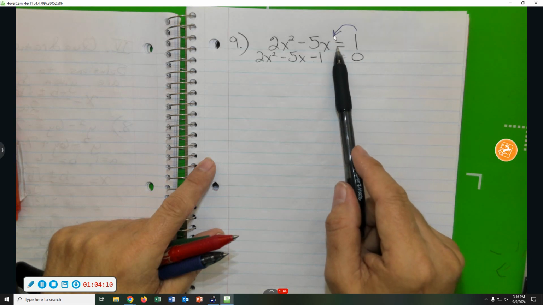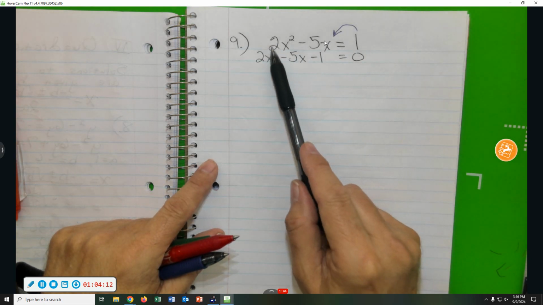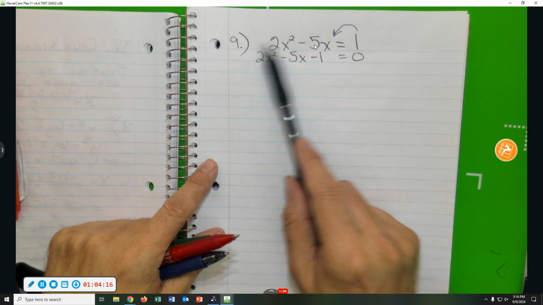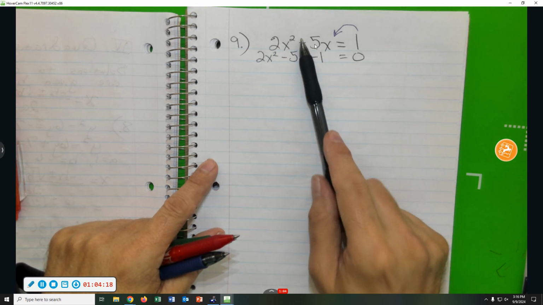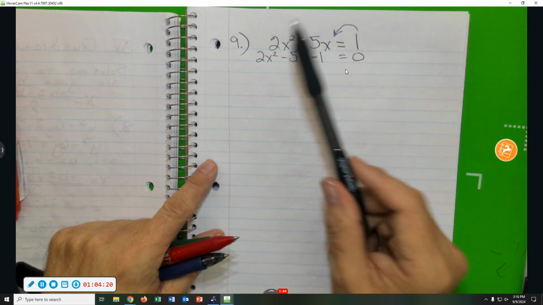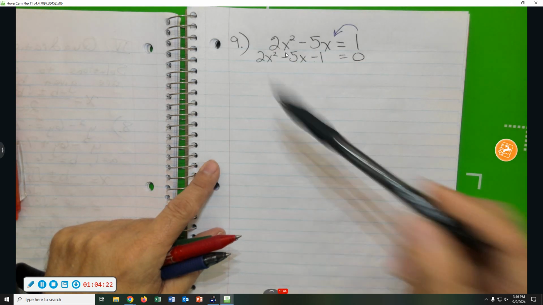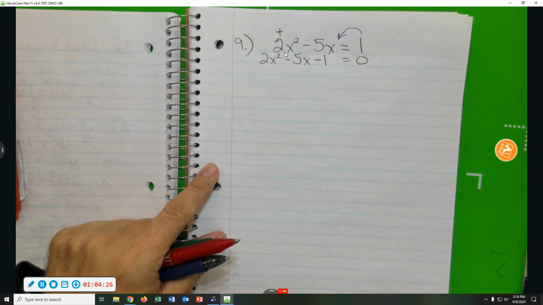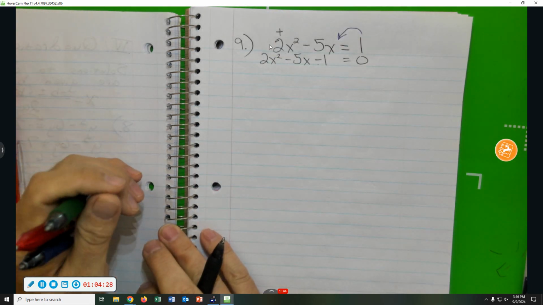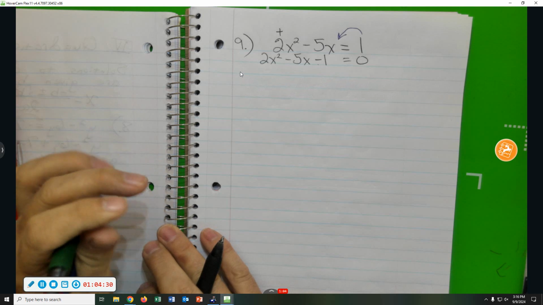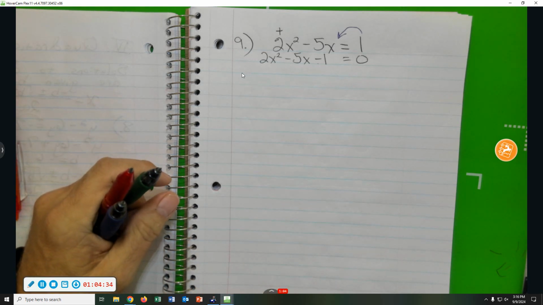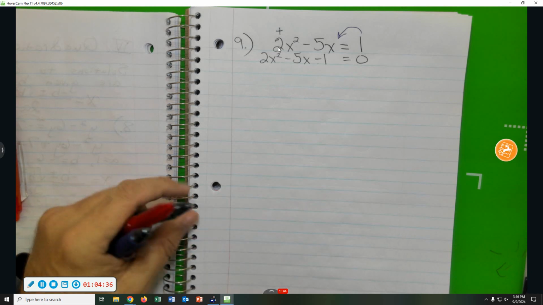As we go through these, if I have an x squared with a negative leading coefficient, I'm going to move the stuff over to the right and get the 0 on the left. That's how I'm going to make sure that my A value stays positive. Never want A to be negative. And if it is, you need to move the terms around, as you'll see us doing later, so that you do get a positive A value.